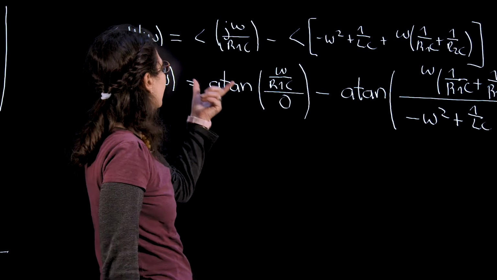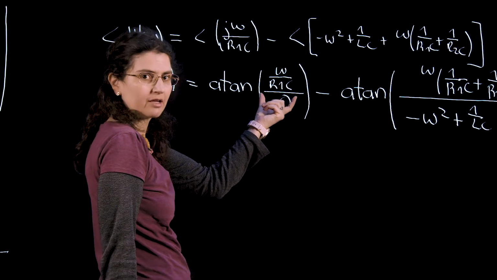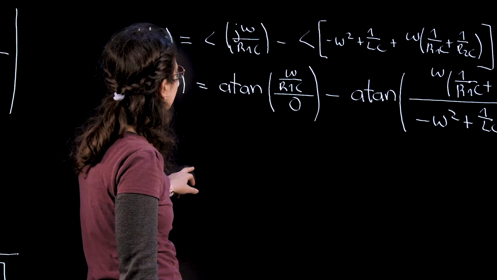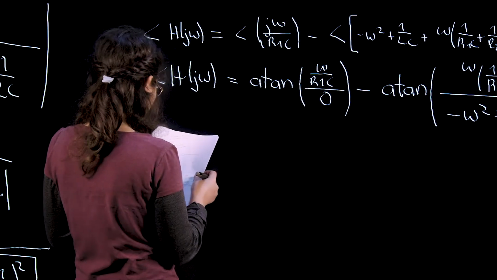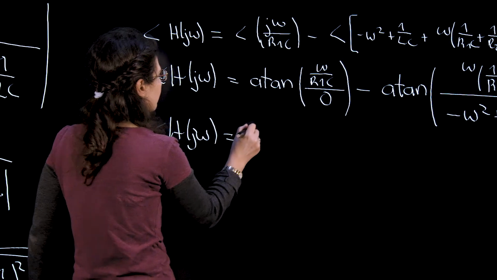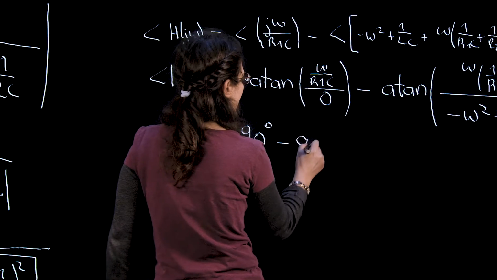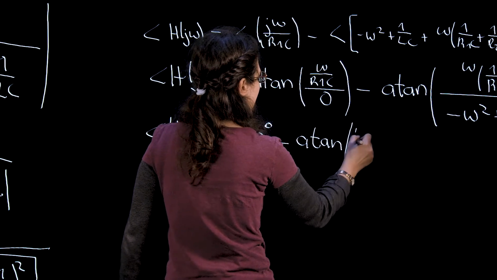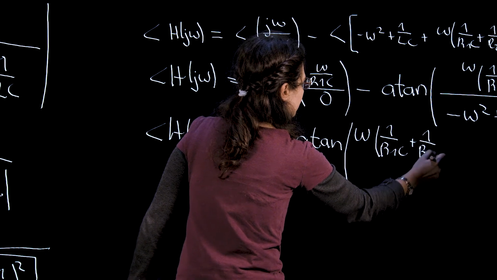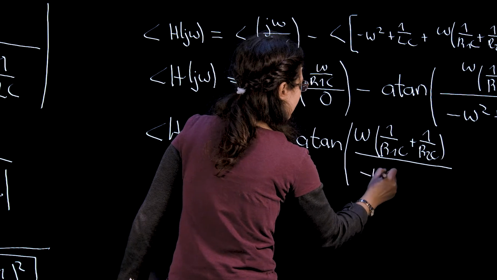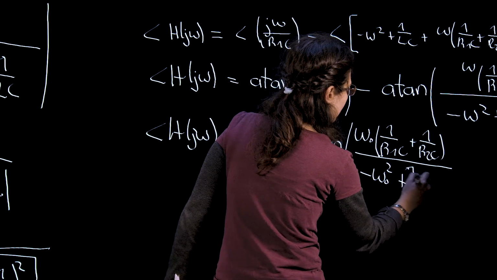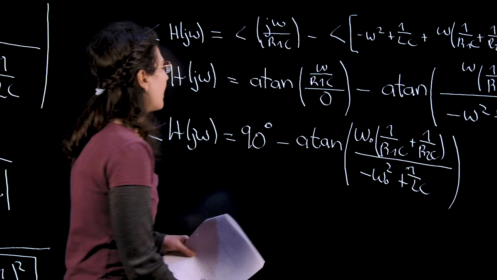So in this case, this number becomes infinity, so the inverse tangent of infinity is 90 degrees. And it's positive, I believe. So it will be 90 degrees minus whatever comes out of this number. Omega times 1 over R1C plus 1 over R2C over minus omega squared plus 1 over LC. Sorry, this is all omega 0, isn't it? So this is the phase.